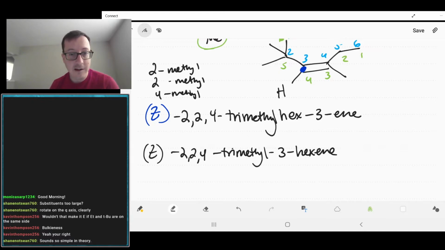In this case, we don't need a number because we only have one alkene, so it's understood that this is the Z alkene. If we had two, we would need to put the locator numbers. So you could say 3Z, that would be okay, but it's not necessary. So that's how we would name this, just for naming practice.